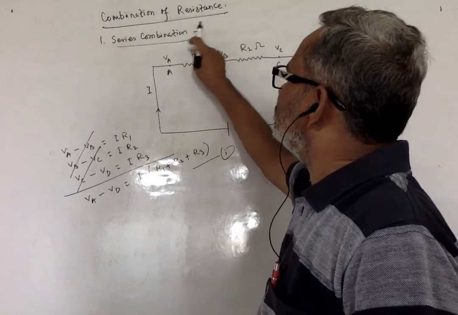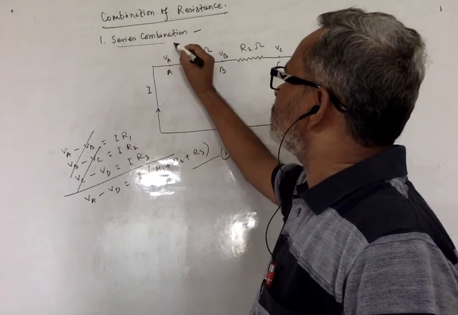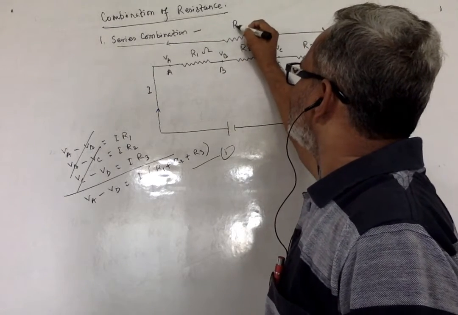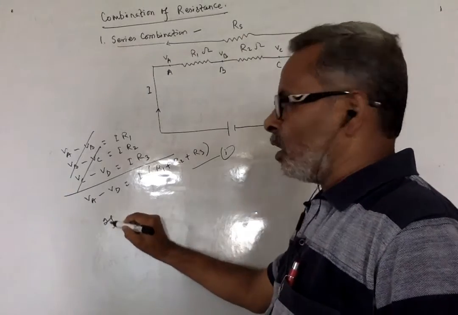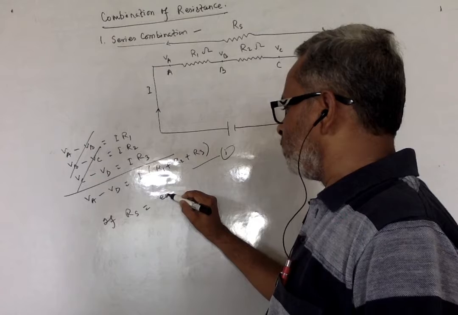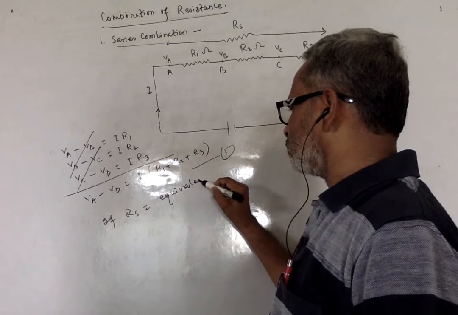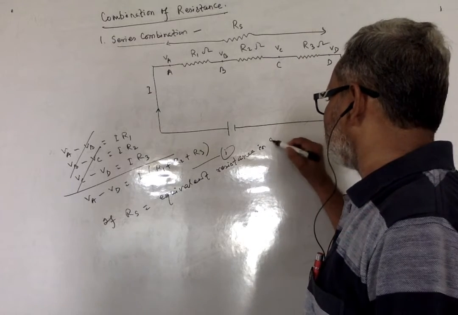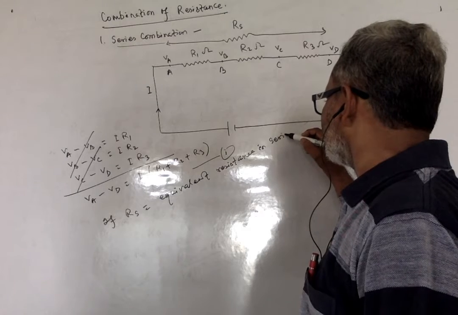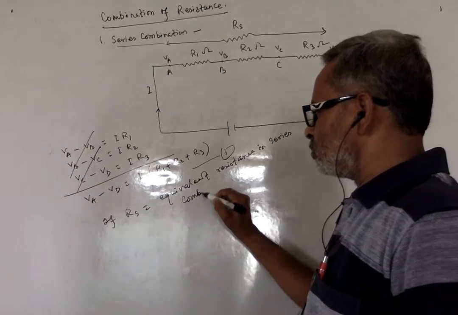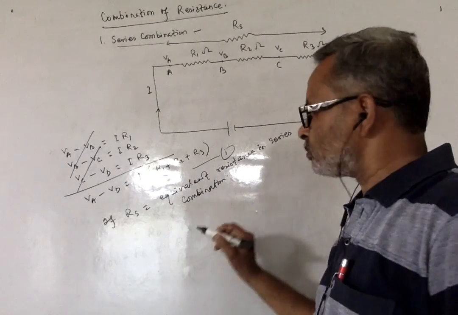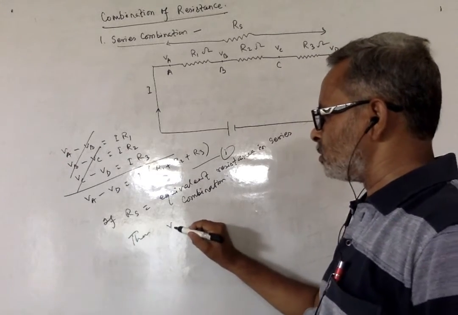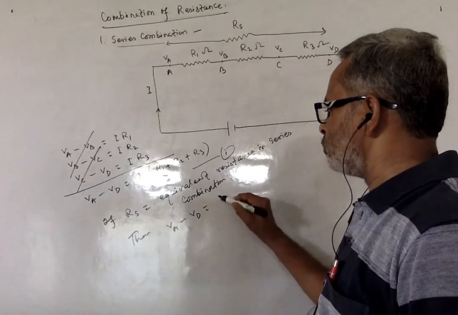If equivalent resistance of the combination is RS, then potential difference across the equivalent resistance VA minus VD equal to IRS.